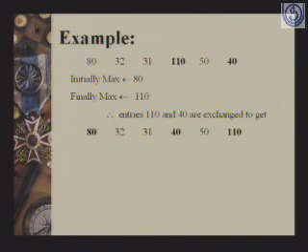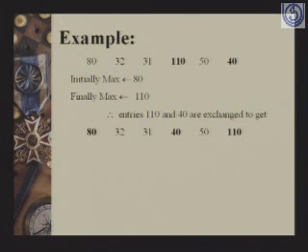Then we go to the next element, that is 40. Again 80 is more than 40, therefore the current maximum is also 80, and its position is 1. Again we go to the next element, which is 50. Again 50 is less than 80, therefore the current maximum so far is 80, and its position is 1.